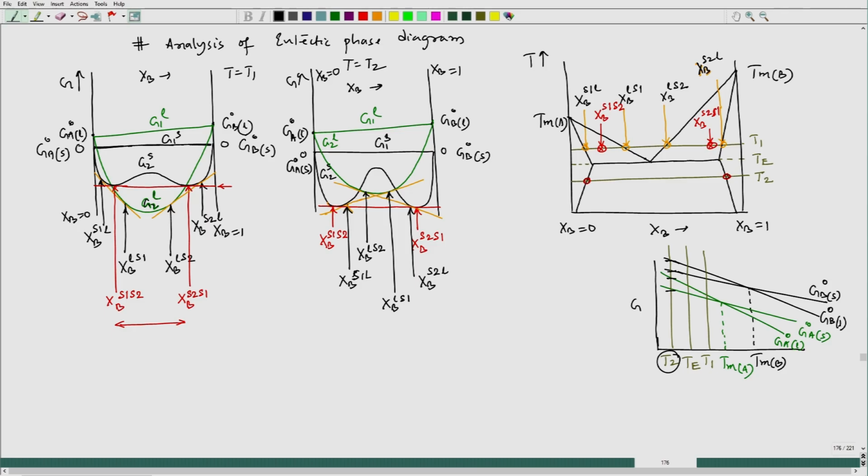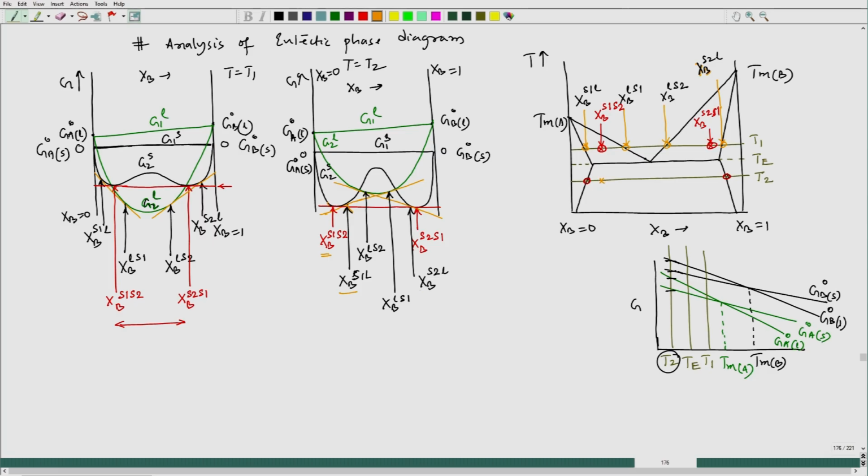Now, if I try to see this one, this was basically equilibrium between solid 1 and liquid. So, equilibrium between solid 1 and liquid is falling on the right side of this particular composition. So, it is coming here.